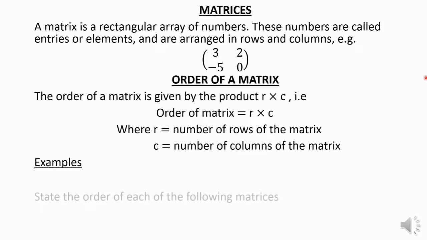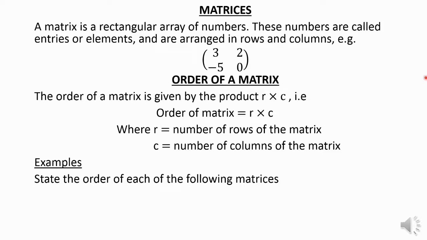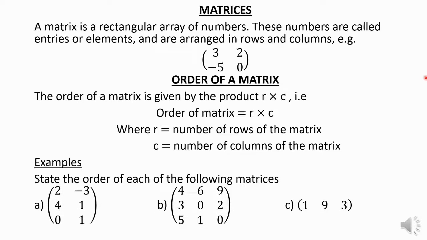Now here I want us to look at these examples. State the order of each of the following matrices. I've got matrix A, matrix B and matrix C. How do we write the orders of these matrices?